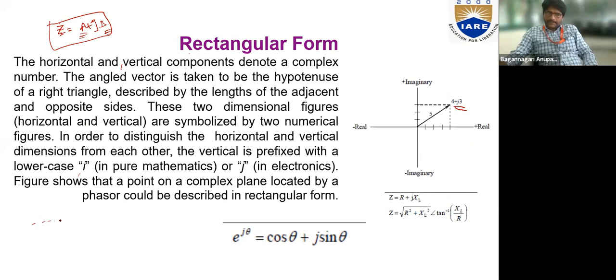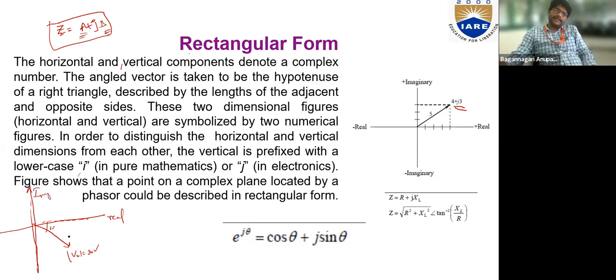With respect to some reference, I have a vector which is making an angle of 60 degrees, given as magnitude V2 of 30 volts. Based on this, I can draw axes like this, x-axis and y-axis. Whatever falls on this axis, you call real components, and this, imaginary.